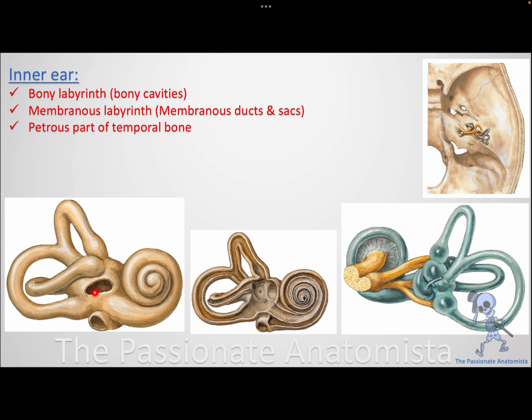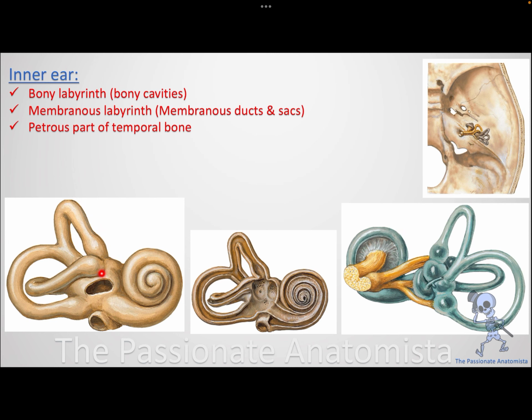The bony labyrinth is formed by a vestibule, and you remember from my previous videos that whenever I say vestibule, what we mean in anatomy is a wide entrance. If I have a wide entrance to something, the early anatomists used to call it vestibule. So this is your entrance to the inner ear.